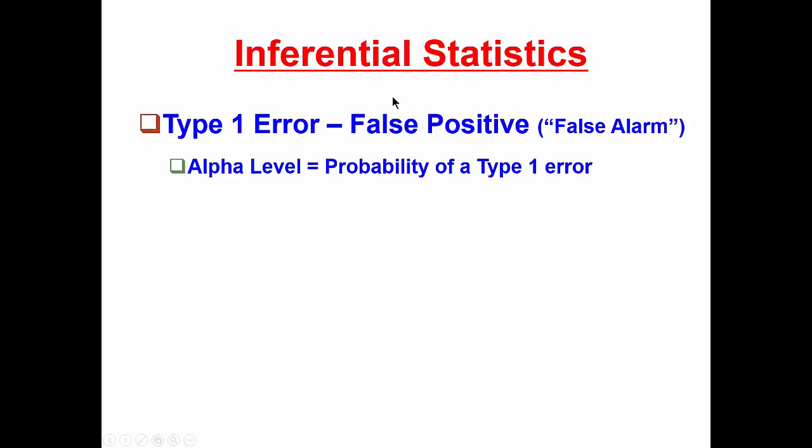Let's give an example of a false positive. Let's pretend that you're a psychologist and you're interested in alleviating depression in college students. So you might take a sample of depressed college students and expose half of them to your treatment. Maybe it's a cognitive behavioral treatment, and you think that you can alleviate depression by using your treatment. Another control group might receive no treatment whatsoever.